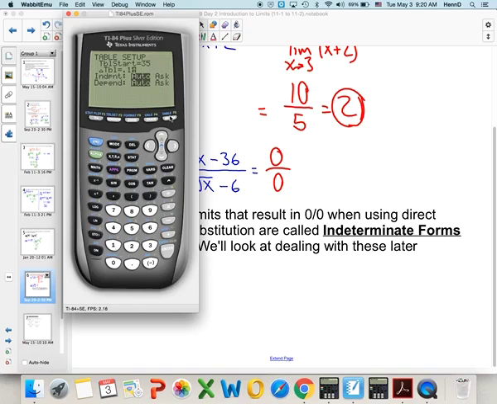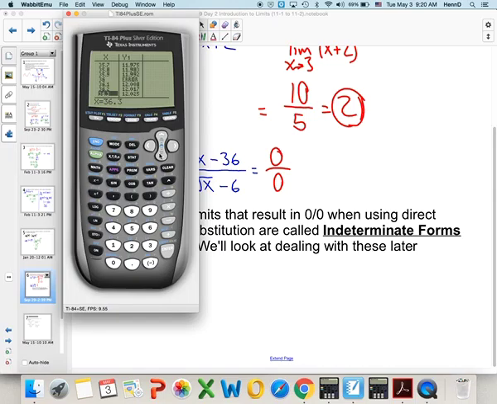So if I look at my table, you see here 11.916, 11.912. We're getting closer and closer and closer. At 35.9, we're at 11.992, right? And then if we're approaching from the right, we're at 12.008. So what do you think the limit's going to end up equaling? 12. Okay, and that actually is what it ends up equaling.